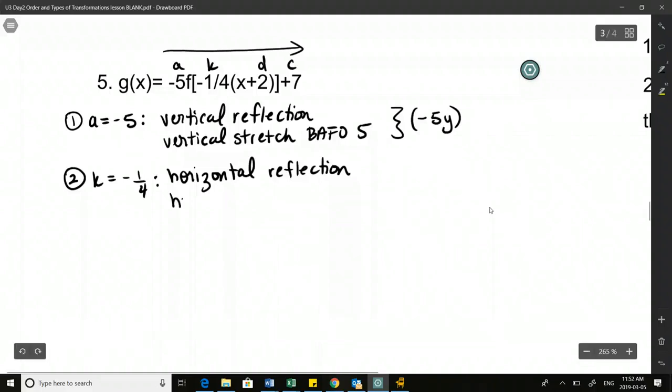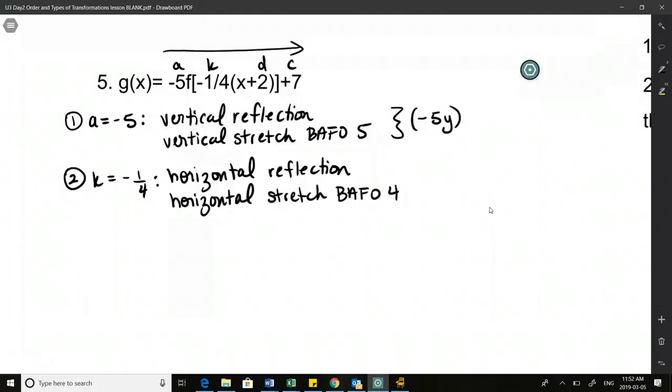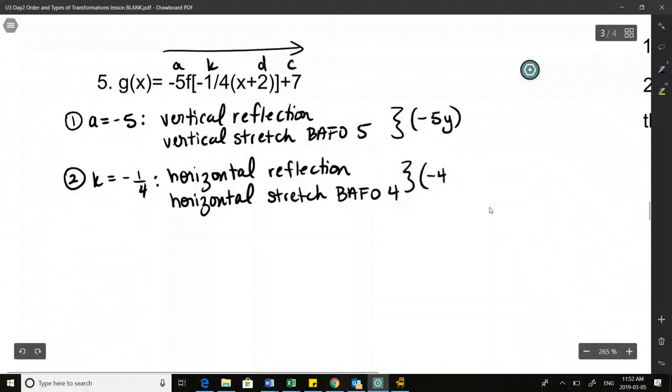So this will be a horizontal stretch by a factor of 4. Notice that I'm not saying -4 because the negative part of this is the reflection part. The numerical part of this is the stretch or compression. So what I would do to my x's here is multiply them by -4. The negative for the reflection and the 4, the reciprocal of k.